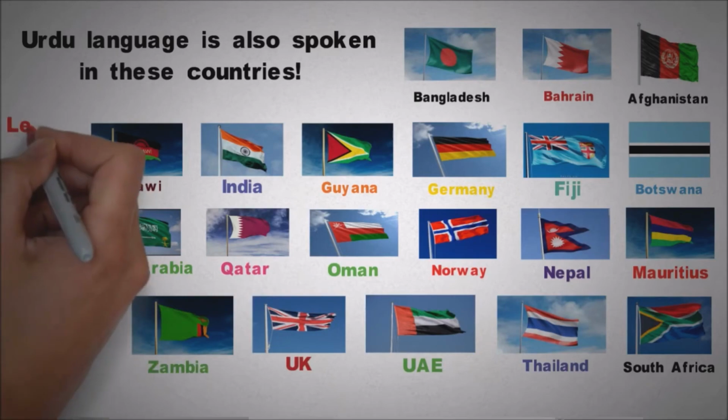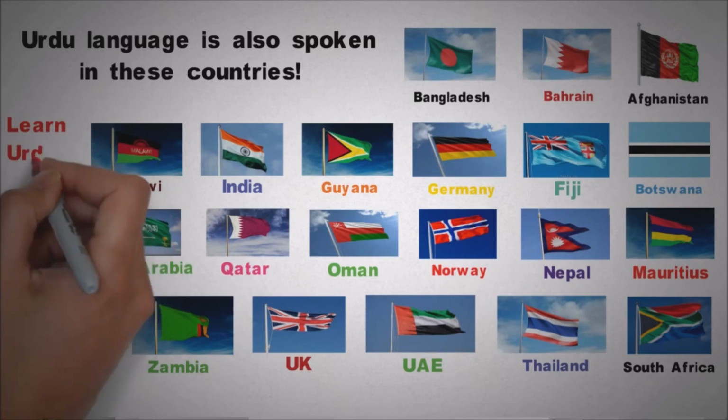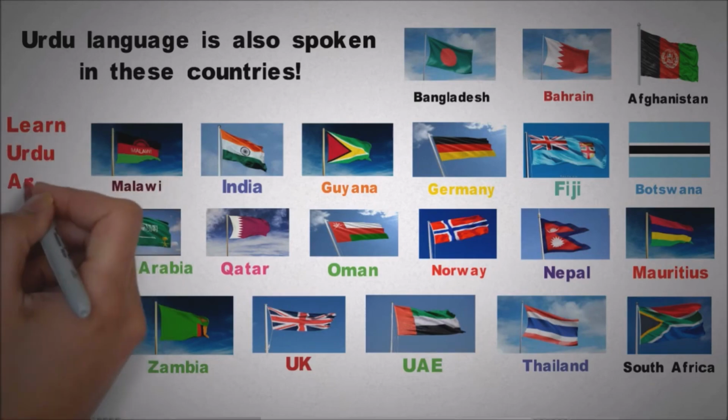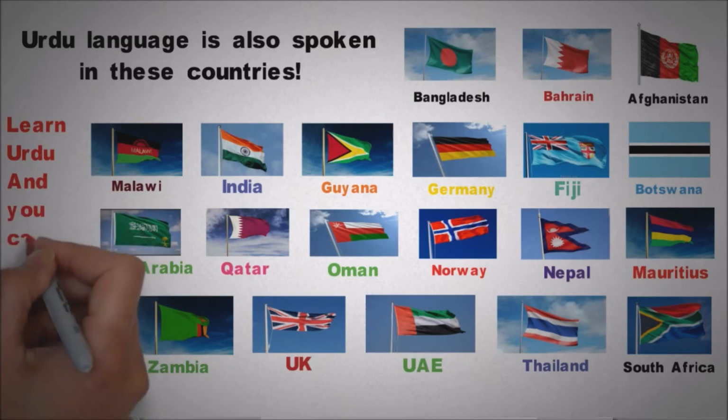Urdu language has been written with a version of Persian Arabic script since the 12th century. The word Urdu is Turkish for foreign or Horde.